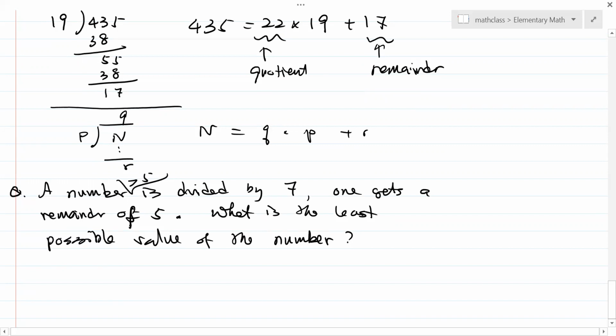But now you have to find the next one. We're still trying to find the smallest possible value of the number. There are so many numbers that meet this requirement.